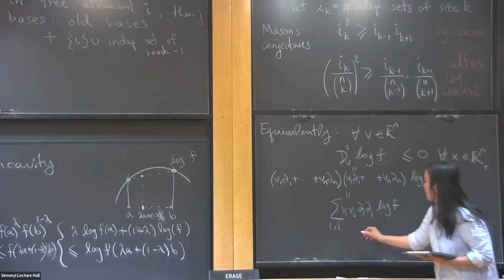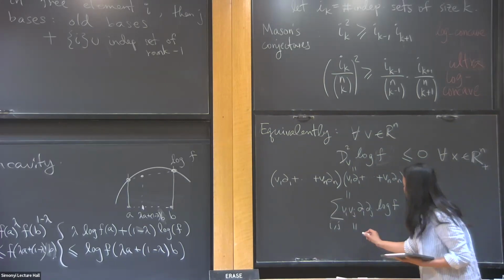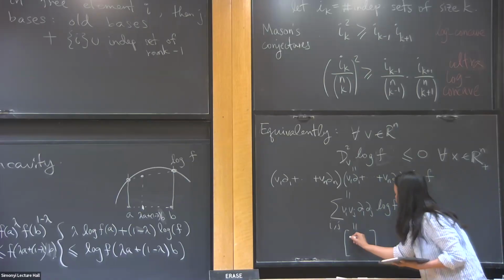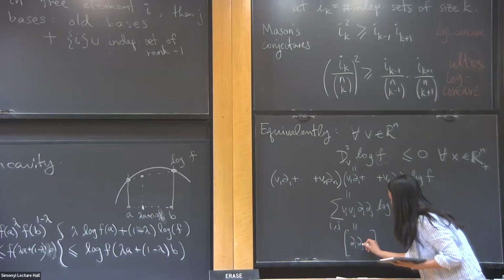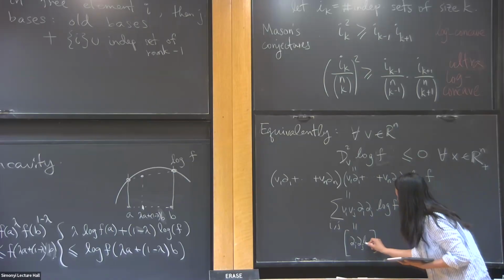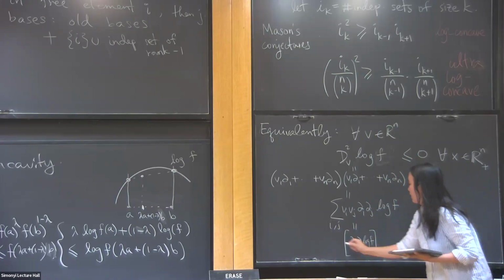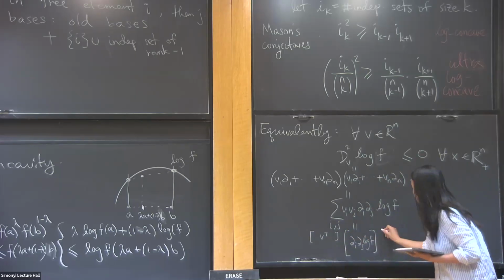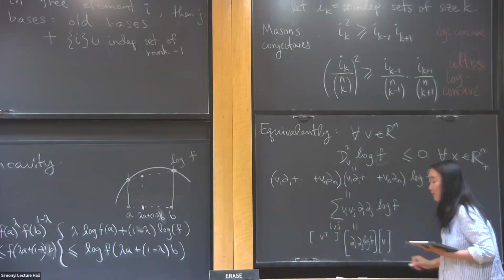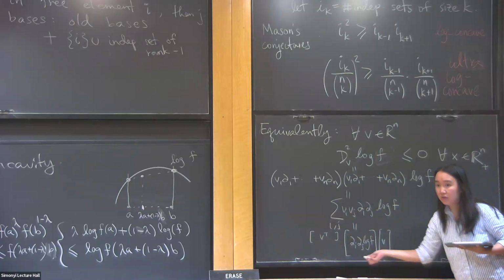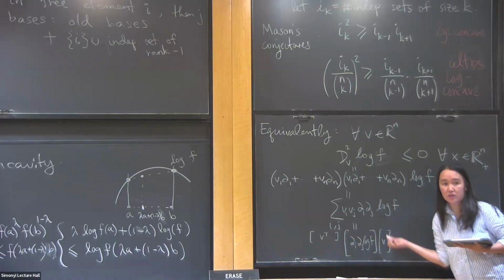And then I can write this as a matrix multiplication. This is a Hessian matrix, a square matrix whose ij entry is the partial derivative, partial i partial j of log f. You're multiplying with the vector v transpose here, and vector v. And we're saying that this has to be less than or equal to 0. So that means that this matrix in the middle is negative semi-definite.